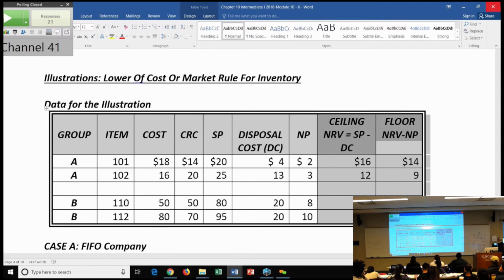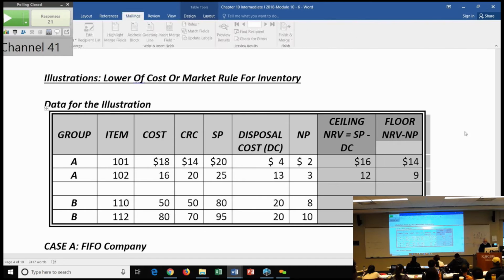So the market price or the market value that we're going to use in the LCM model for Group A 101 is 14. Group A 102 is 12. Group B 110 is 52. And Group B 112 is 70. Those are the ones.